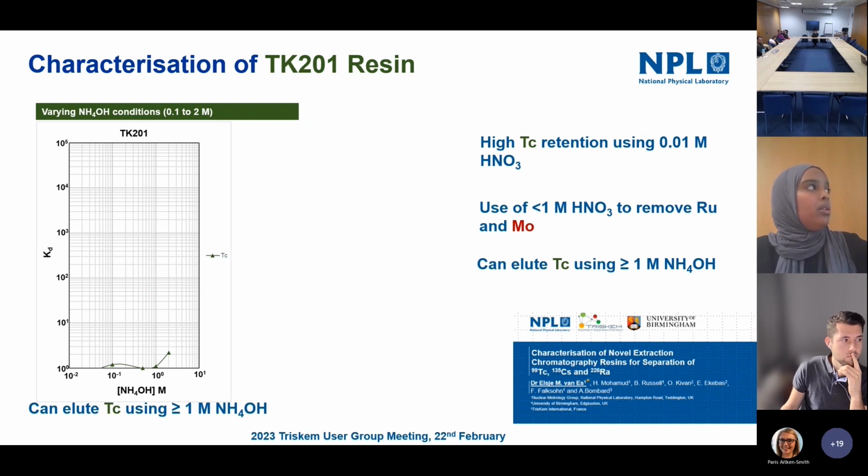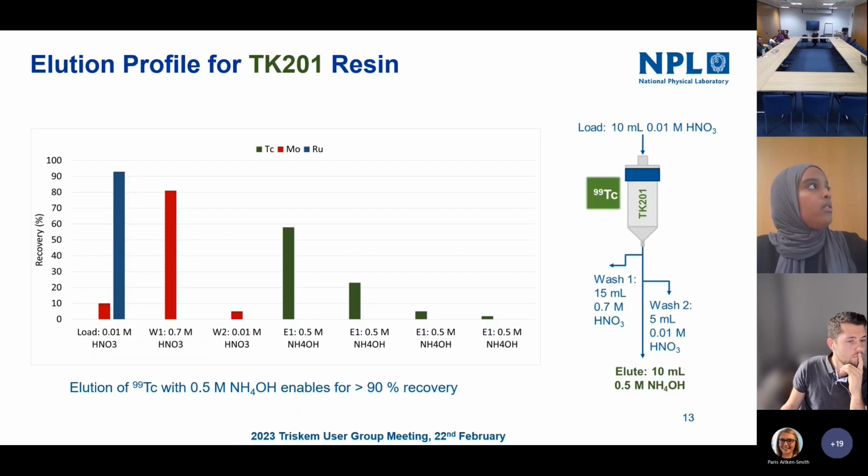And if you're looking to change the elution agent, you can also use ammonium hydroxide, where again you have maybe a better level of recovery, which is shown here. So I thought I'd just use this as an opportunity to show what an ideal scheme would be if you were looking to do Tech-99 separation on an environmental sample.